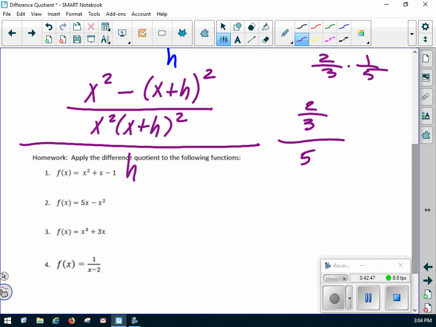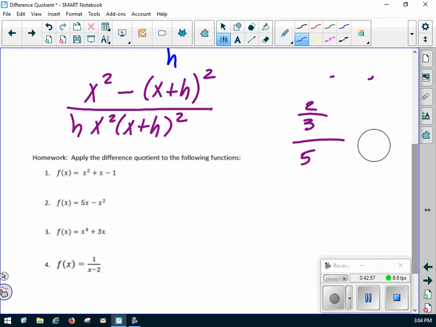And if I multiply the bottom by h, then I just multiply the bottom by h. And now look at this. It's not a complex fraction anymore. Clean up the numerator.